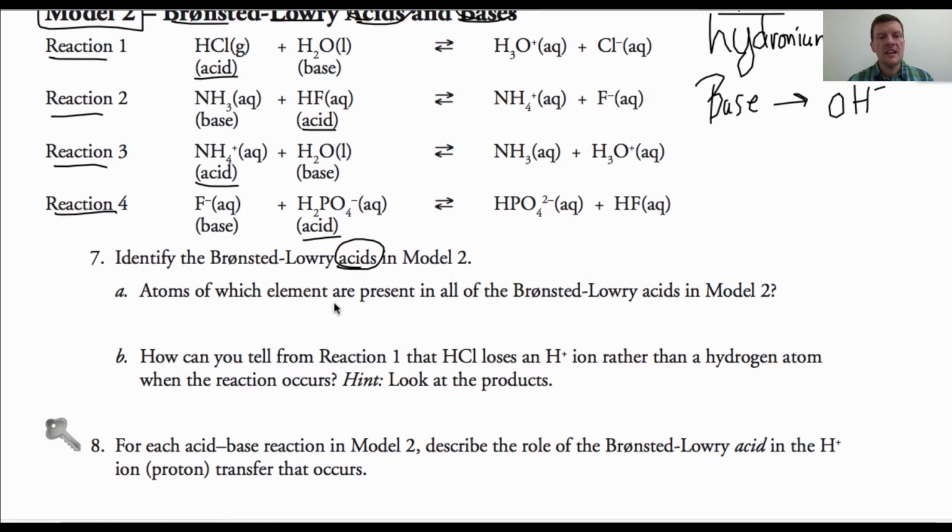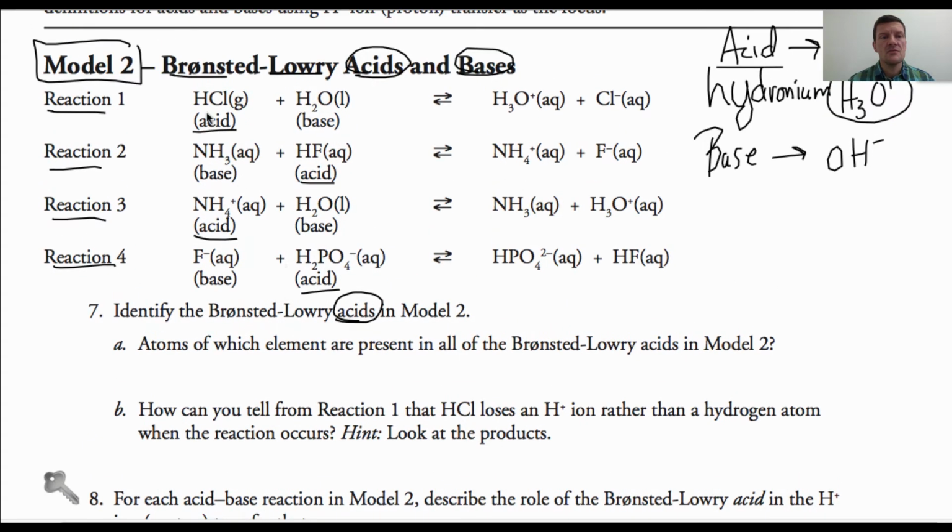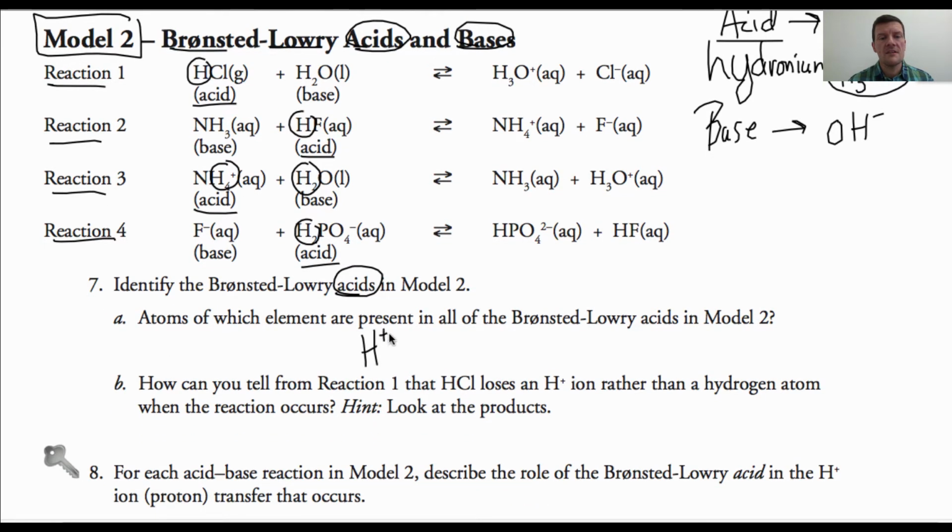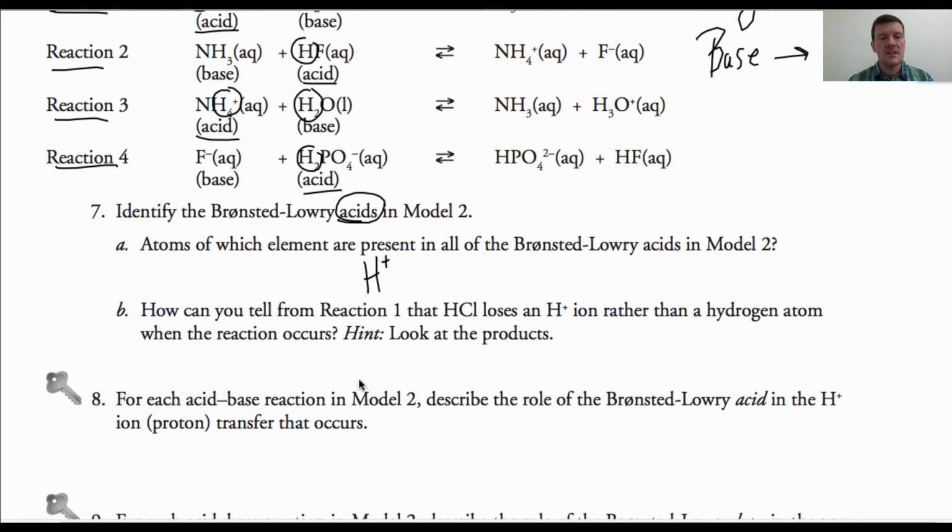Atoms of which element are present in all of the Bronsted-Lowry acids? So you've got H, 2 H's here, H, okay, and H again. So you're going to have the hydrogen.